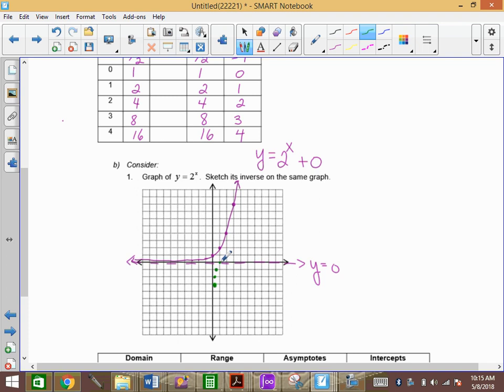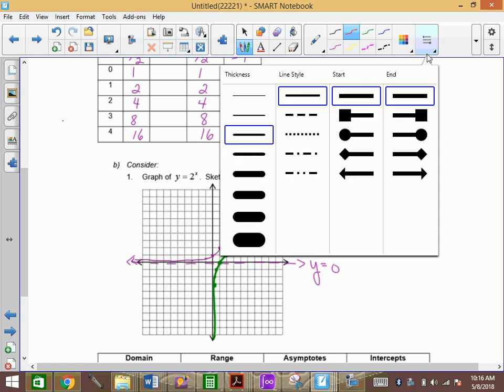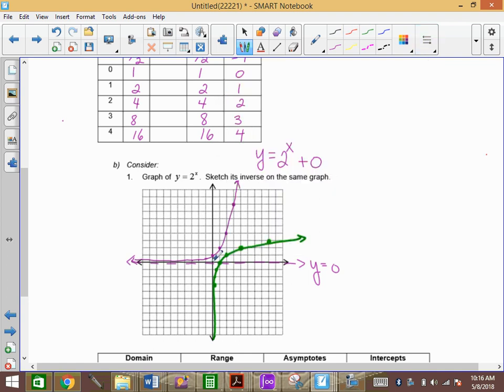And then 1 and 0. And then 2 and 1. And then 4 and 2. 8 and 3. So we're getting closer and closer to the y-axis this time and curving, which makes sense because inverses reflect on the identity line: 0, 0, 1, 1, 2, 2, negative 1, negative 1, negative 2, negative 2. They reflect on the line y equals x.